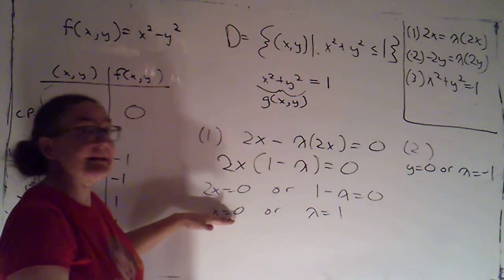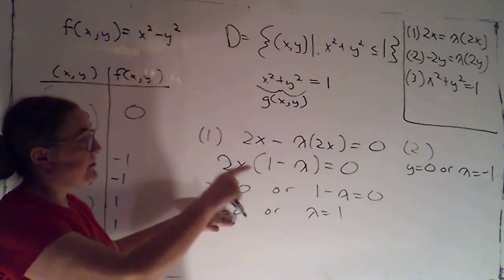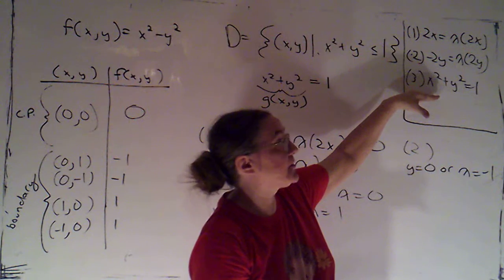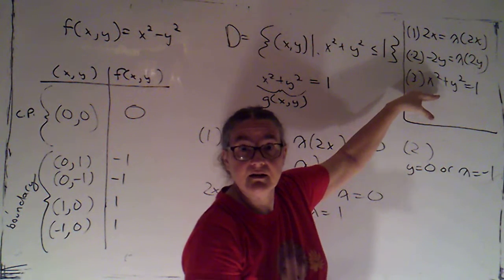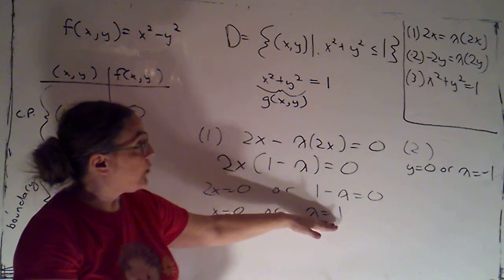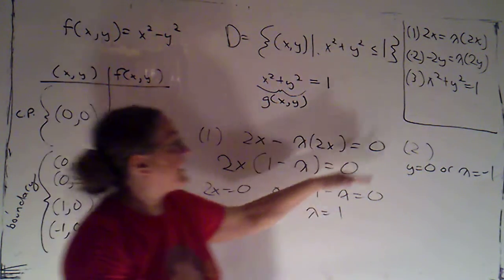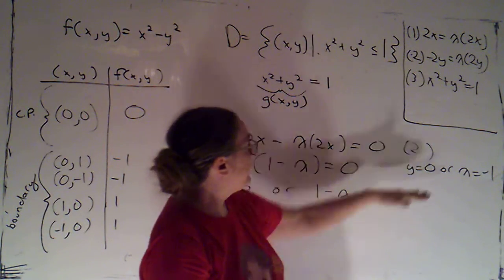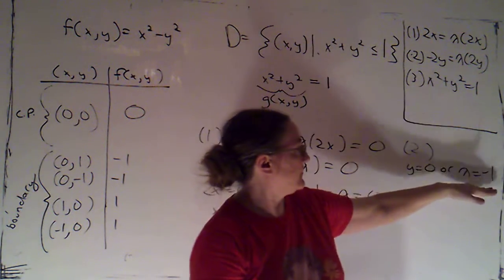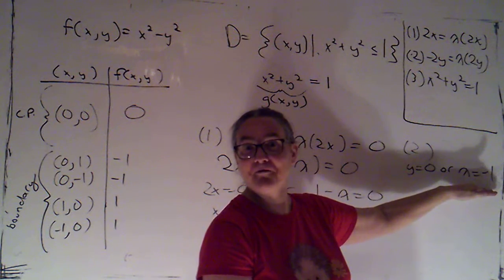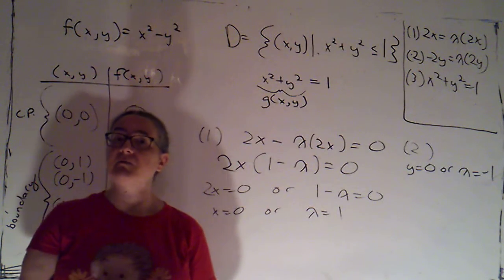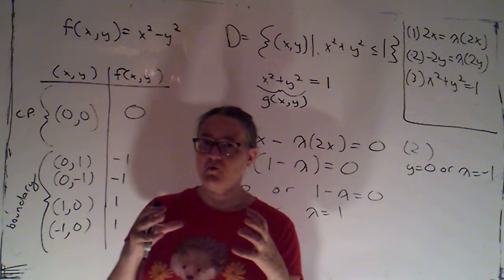If x is 0, when I move to equation 2, if I let y be 0, that would lead to a contradiction in equation 3. If lambda is 1, and I go to equation 2, well, if lambda is 1, then lambda can't be negative 1. So y would have to be 0. So I can see that there's a connection between them, but I want to show that connection.